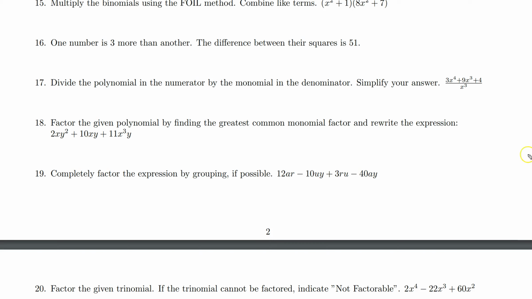All right, this next one, we want to factor this, finding the greatest common monomial factor. So what can I take out of each one of these? Well, for the number part, nothing. Now I can take an x out of each one, and I can take a y out of each one.